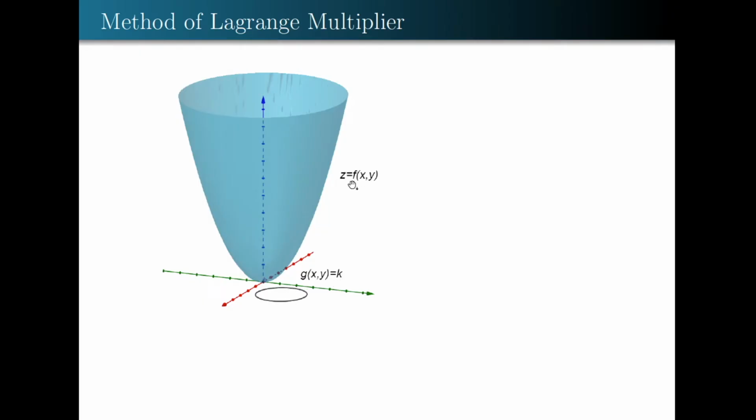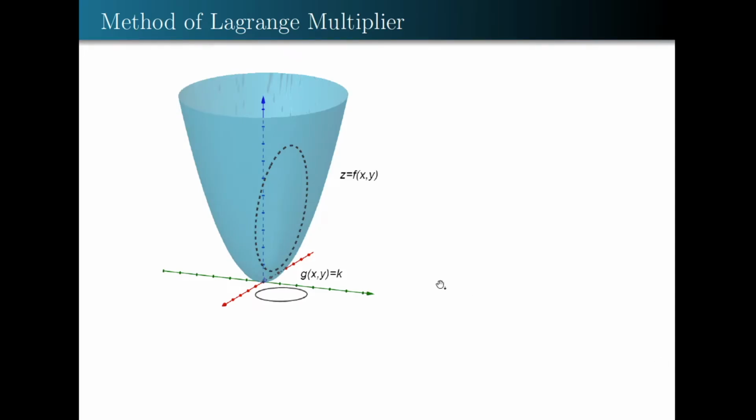Suppose we want to find the maximum value and the minimum value of z over all points satisfying the constraint. In other words, we collect all points on the surface z equals f of x, y whose projection on the xy plane is the constraint g of x, y equals k. Clearly, the minimum value is attained somewhere at this point, and the maximum value is attained somewhere at this point. But how do we actually find them?